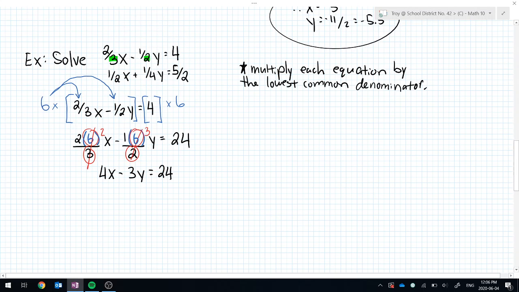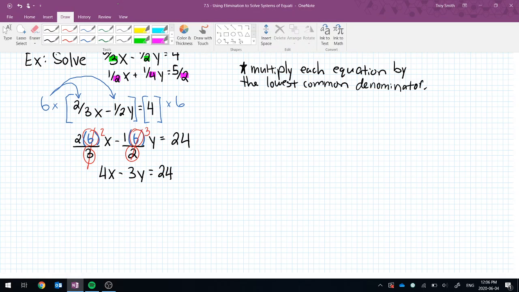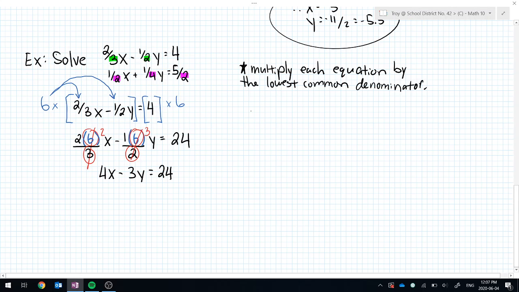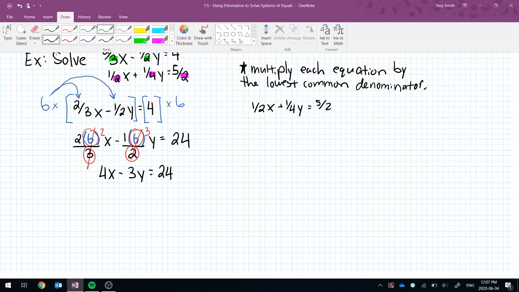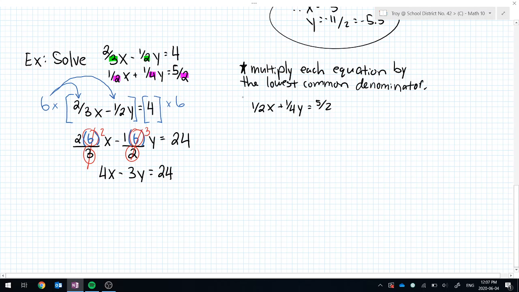We'll do the same for the next one. So over here we have a 2, we have a 4, and we have another 2. So our lowest common denominator is going to be 4 for that one. So I'll do the same thing over here. So I'll get 1/2 x plus 1/4 y equals 5/2. All right, so again, everything on this side by 4, and everything on this side by 4.